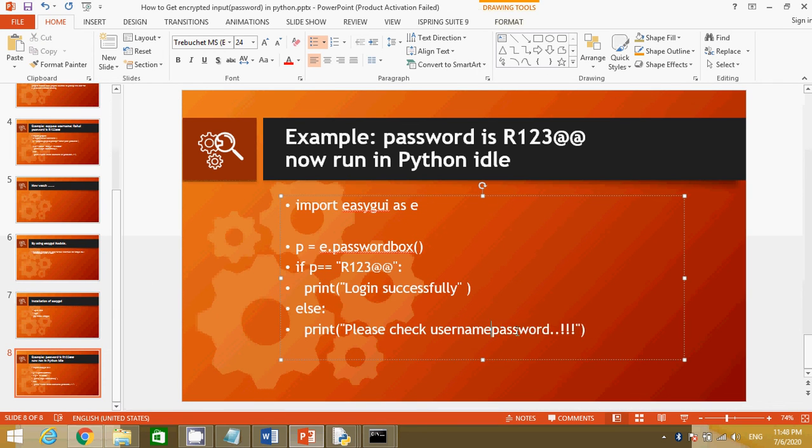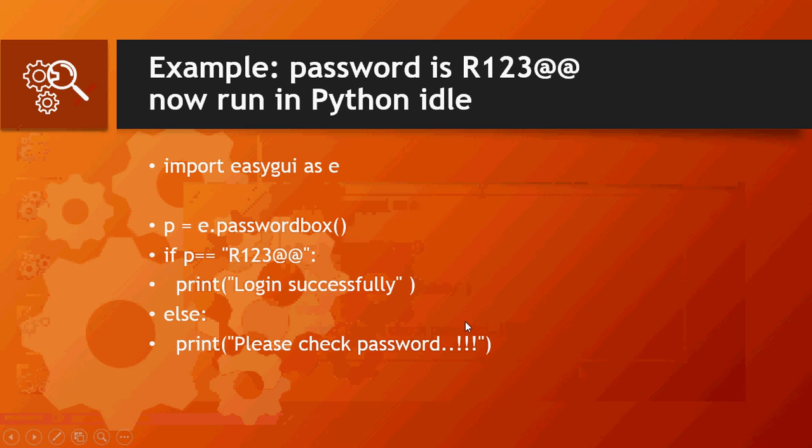There is no username, so let me remove the username. Import easygui as e, p equal e dot passwordbox, if p equal capital R123@ login successfully, else print check password.